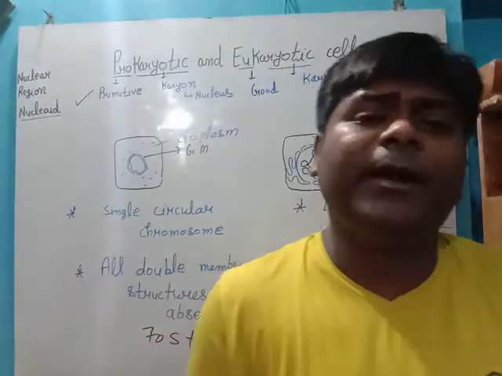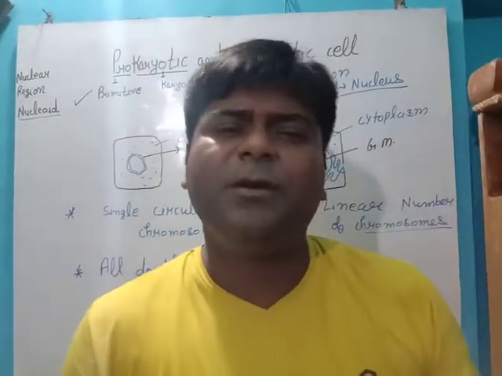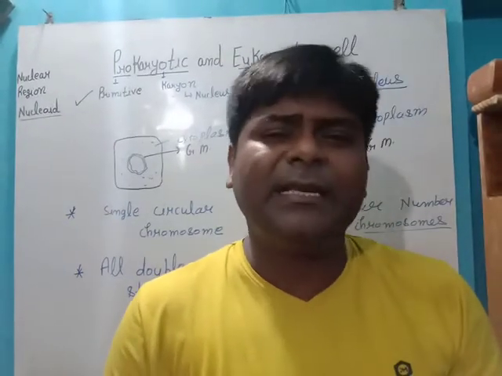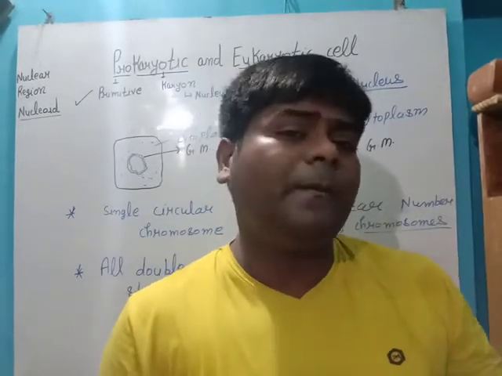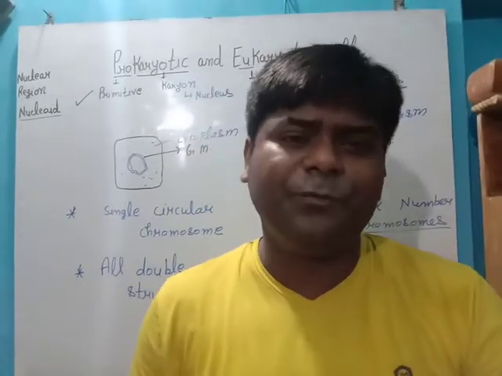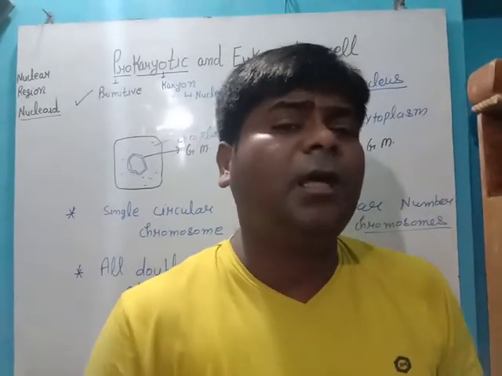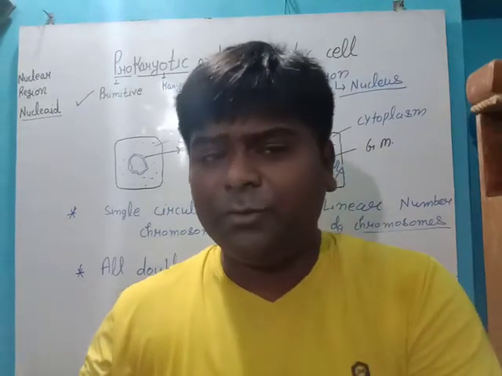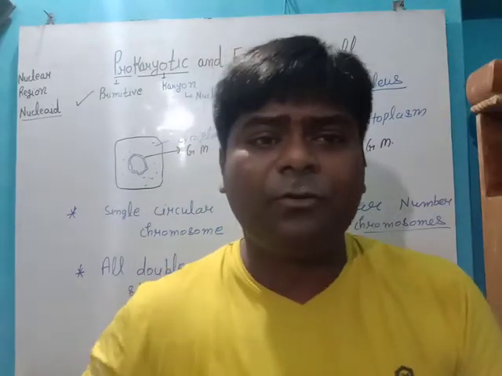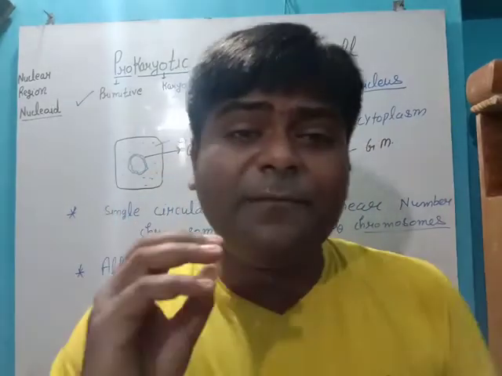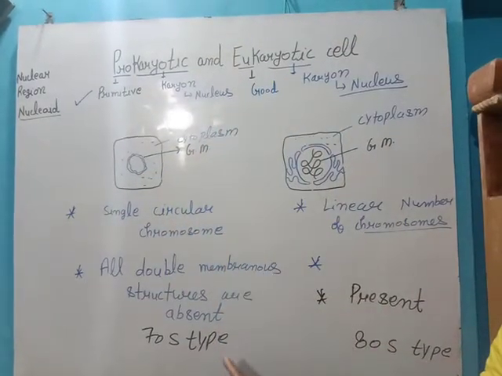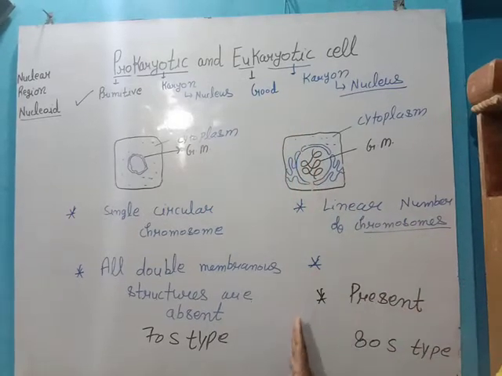These are a few points. There are still many points left, but these points are very simple. I taught you about the bacterial cell, and you can take a few points from there also. I gave you the basic understanding of prokaryotic and eukaryotic cells.